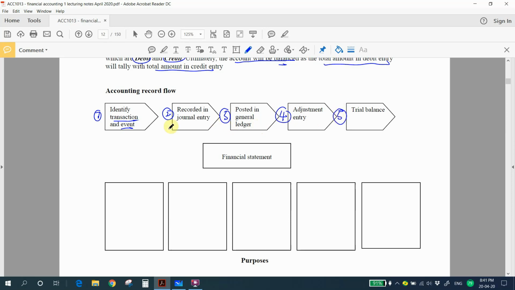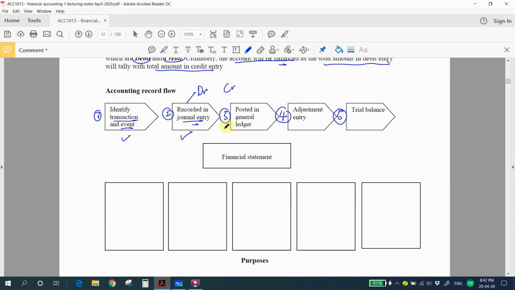So in this chapter 2, you can learn how to identify the transaction and event, and you can translate those transactions and events into the language of accounting we call journal entry. So journal entry refers to one debit and one credit. I repeat, we identify the transaction and event first, and then we translate the transaction or event into the language of accounting, debit and credit.